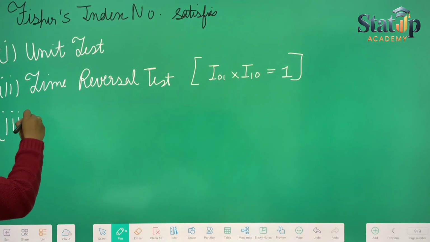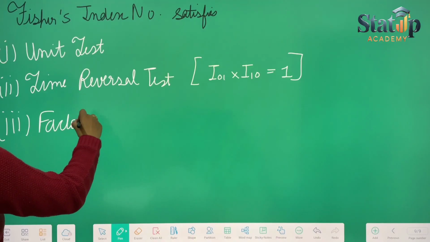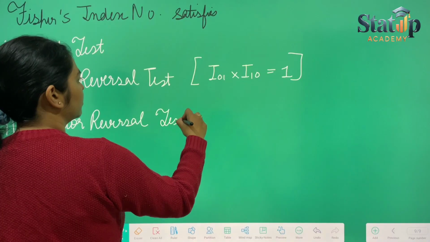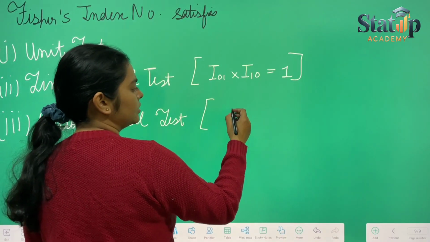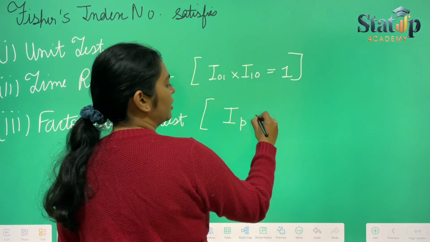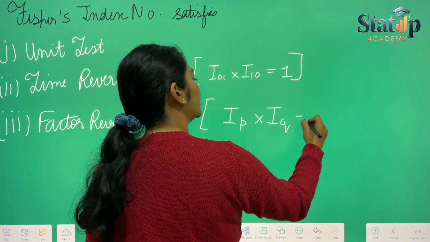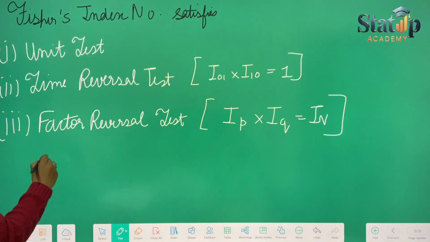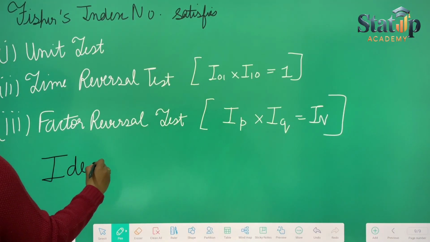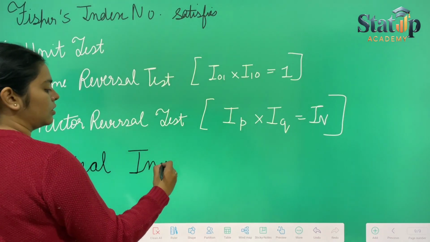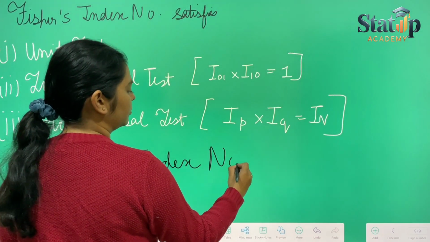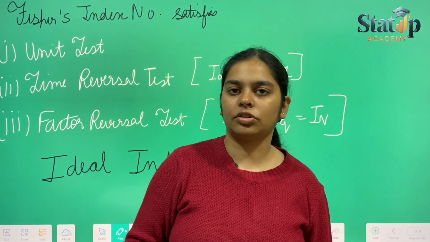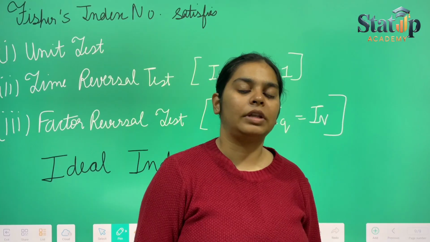And third is the factor reversal test, which gives the equation IP into IQ should be equal to IV. And that's why it is known as the ideal index number. Fisher's index number is known as the ideal index number. Only one test is not satisfied, which is circular, which is not commonly used, so that's okay with us.